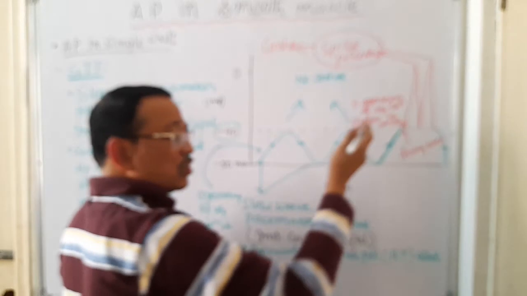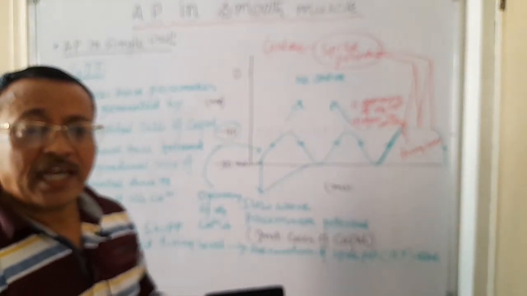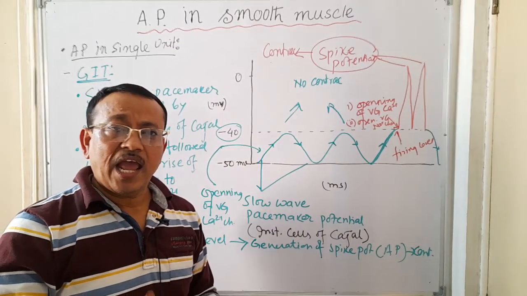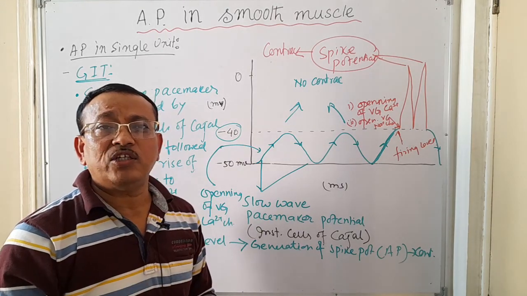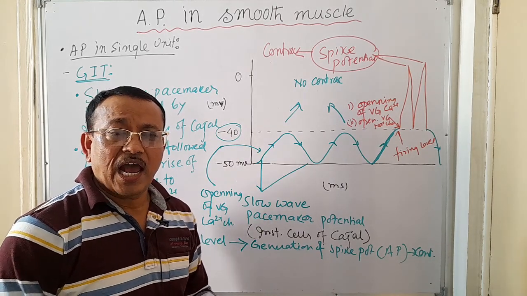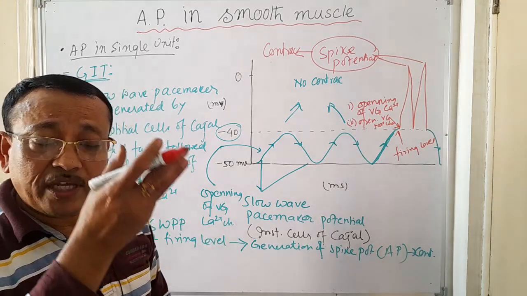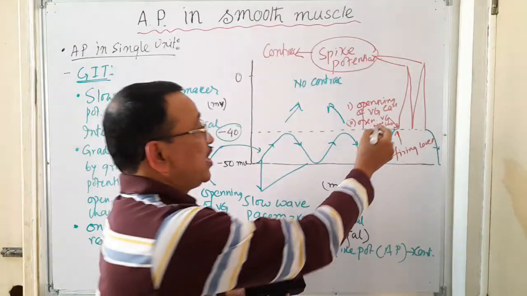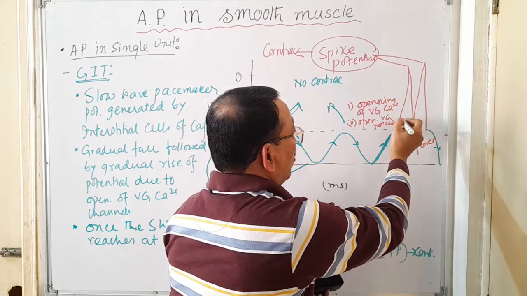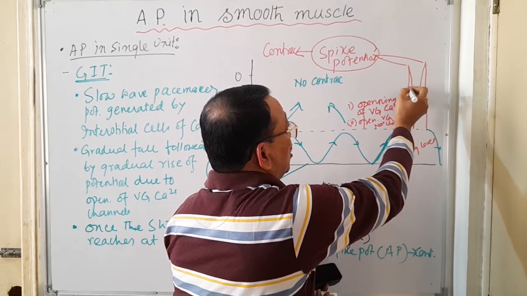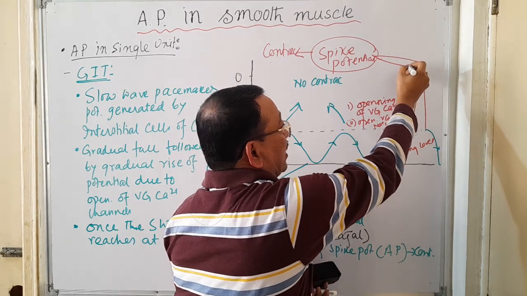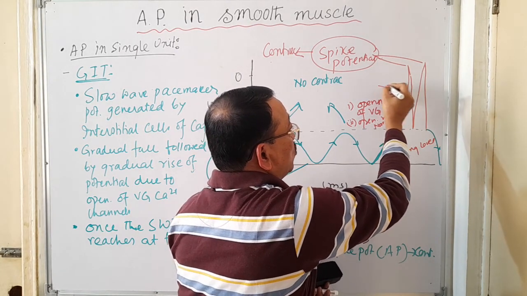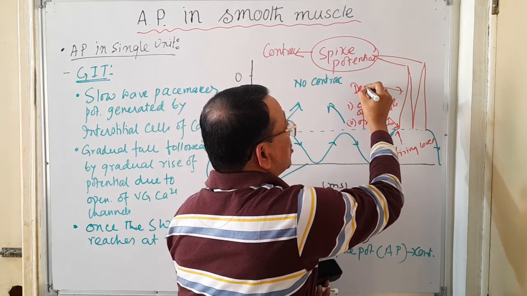So as calcium channels open, calcium ion enters in. As sodium channels open, sodium ion also enters in due to the concentration gradient. As both the positive ions are coming in very rapidly, there is a rapid fall of the inside electronegativity until it reaches 0. That phase is known as the depolarization.